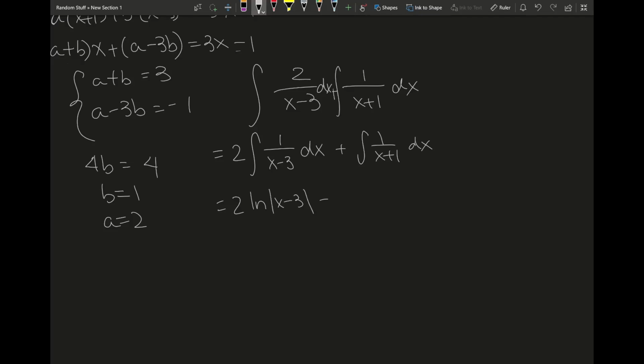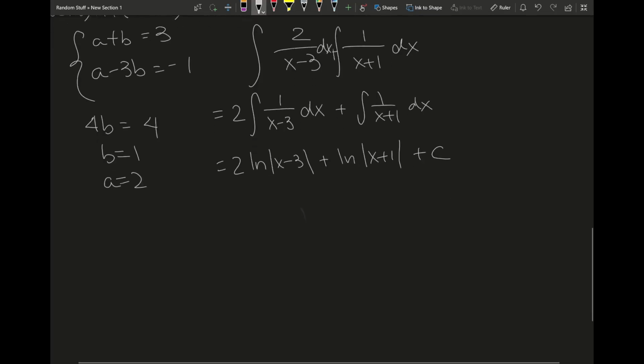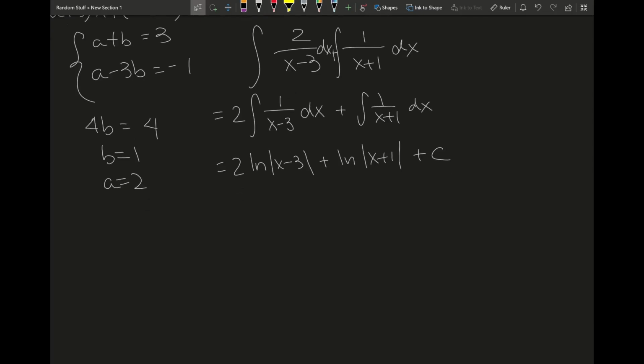And this is just ln of x plus 1. I guess you can leave it like this. You should probably leave it like this, actually, because multiplying these kind of complicates things. So there's your answer.